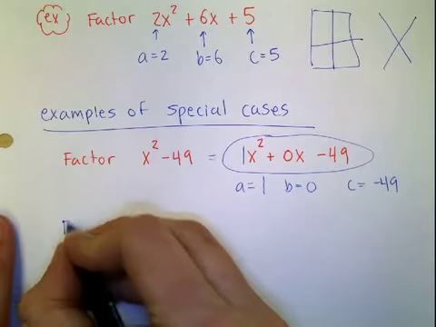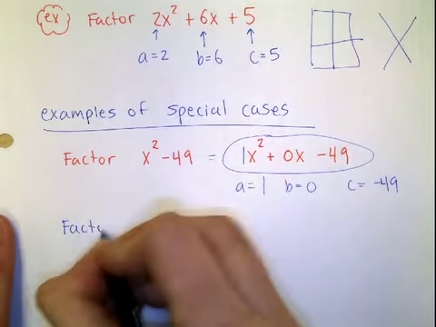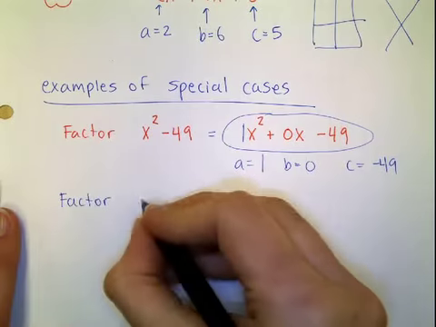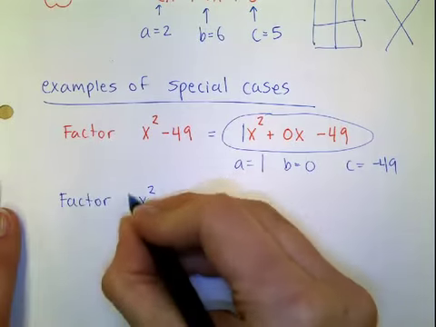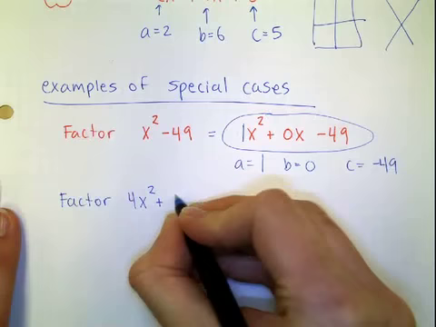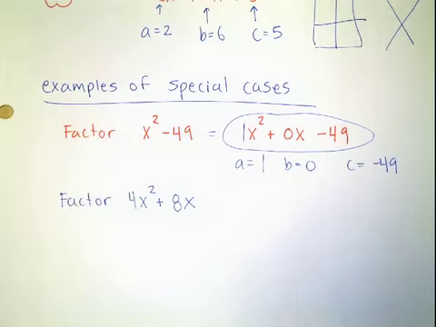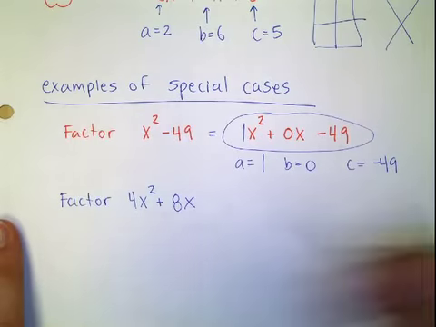So what if I said, can you factor 4x squared plus 8x? Well, again, it's another special case. What's missing is the last number here. We're missing a piece.